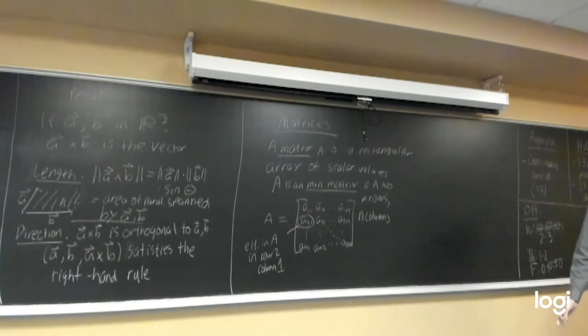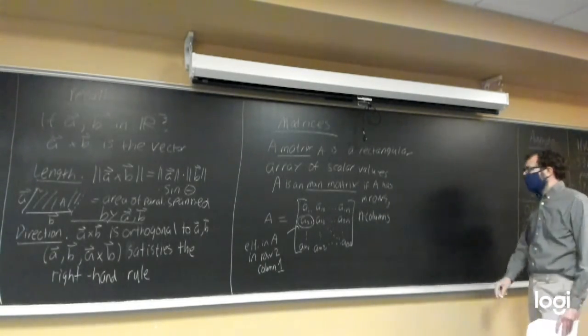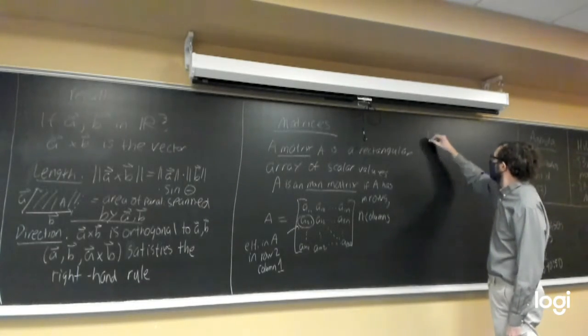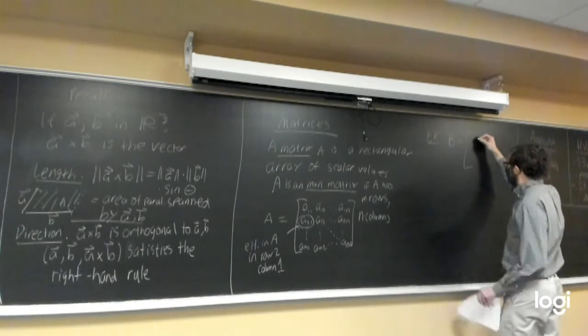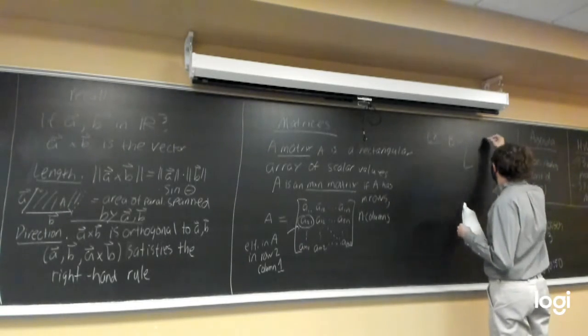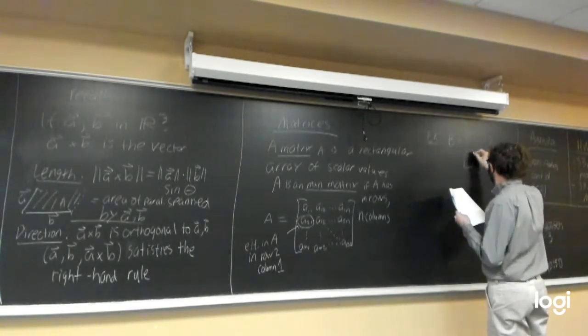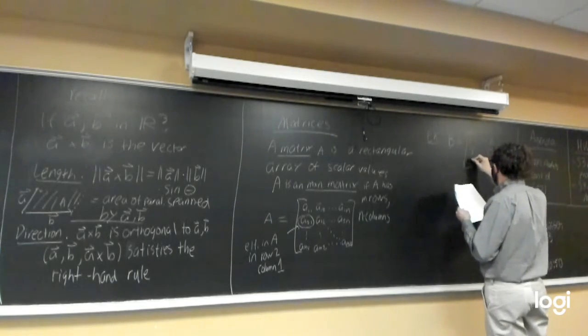So let's look at an example where we actually plug in some numbers. Let's say we look at a matrix B that looks something like this: 1, negative 2, 5, 0, negative 8.